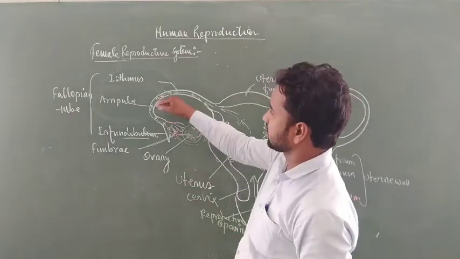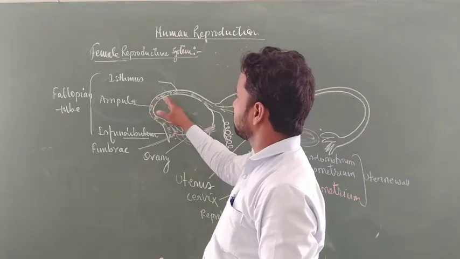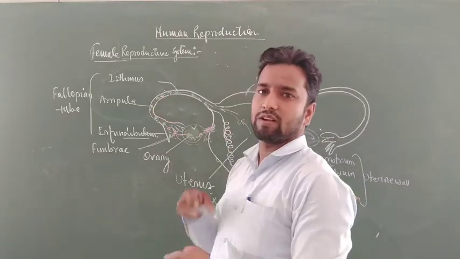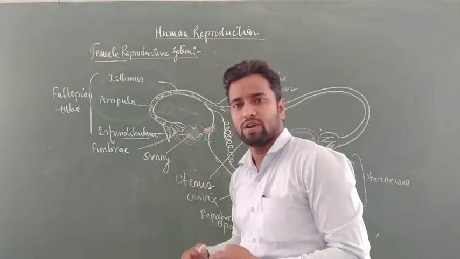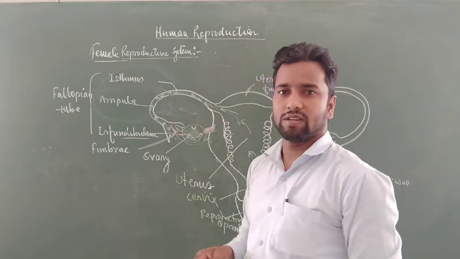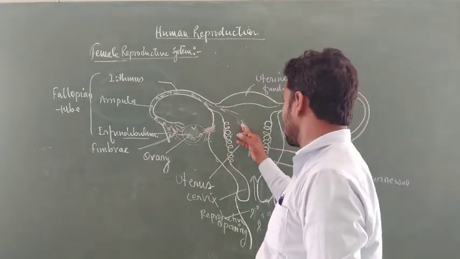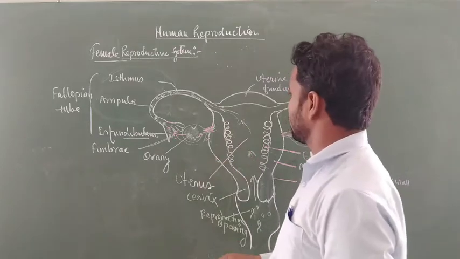Fertilization occurs in the ampullary-isthmic junction. This fertilized zygote undergoes divisions from a single cell to two cells, four, eight, and forms a stage called the blastocyst. Generally at about the 8-cell stage, it enters the uterus and implants into the uterine wall.